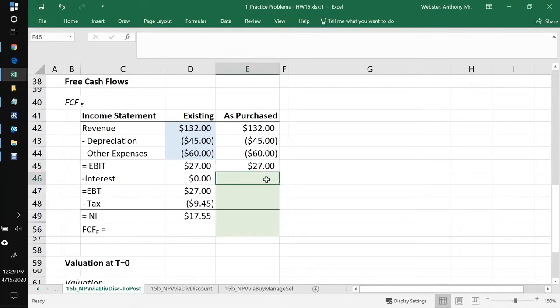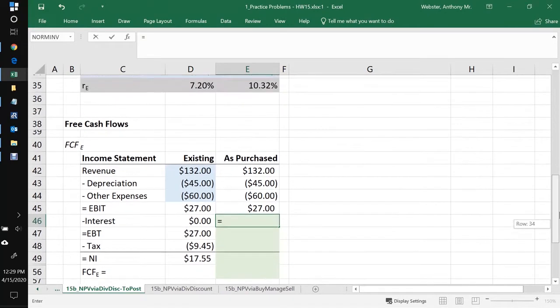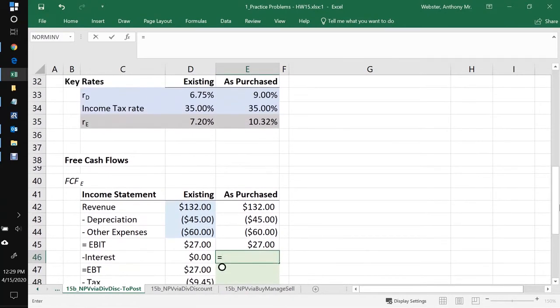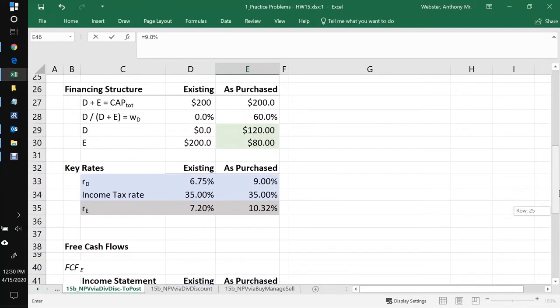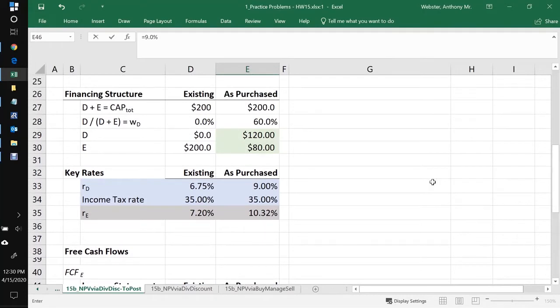Now, the interest is going to be very straightforward. This is going to be the interest rate, and we want their as purchased interest rate here. Whoops, not our equity. We want our debt interest rate, not this one, right? Because this is as purchased. This is as we have levered them up. So I'll say 9.0% times what? Times the debt at the beginning of the period.